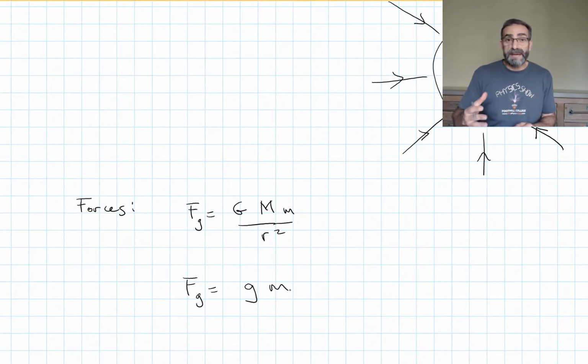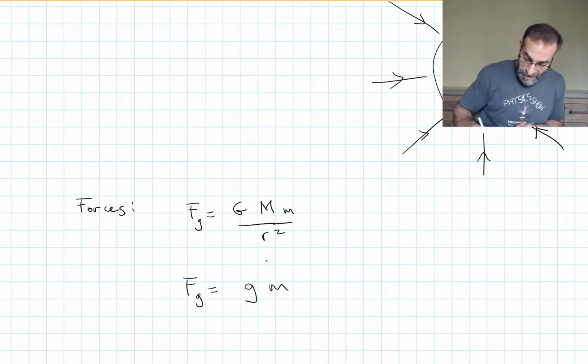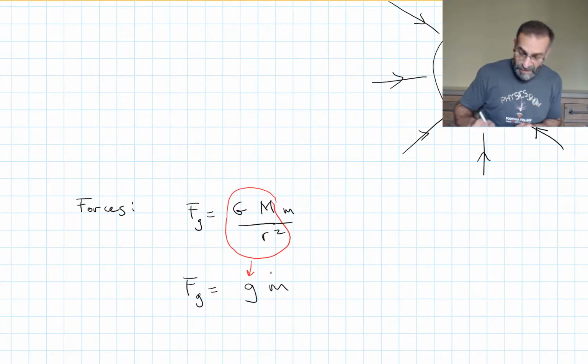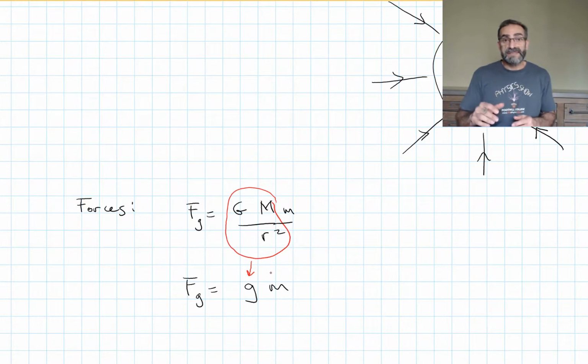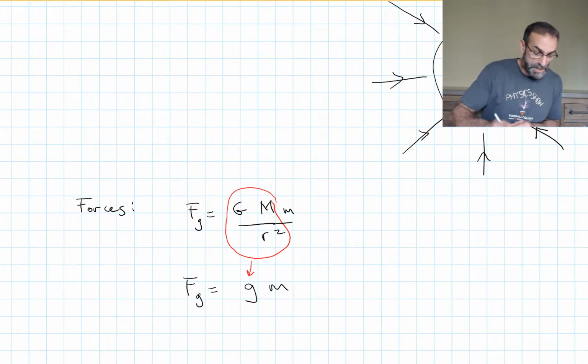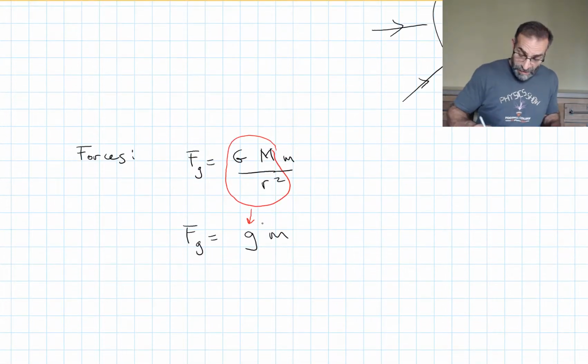Maybe you remember it as mg. F equals mg, weight equals mg. What is g? What is the gravitational field? It's G times the mass of the Earth divided by the radius of the Earth squared. That's what g is. I'm going to label it here, gravitational field.